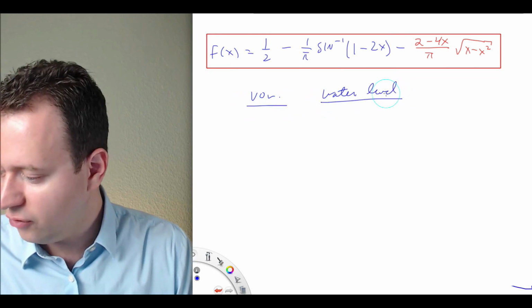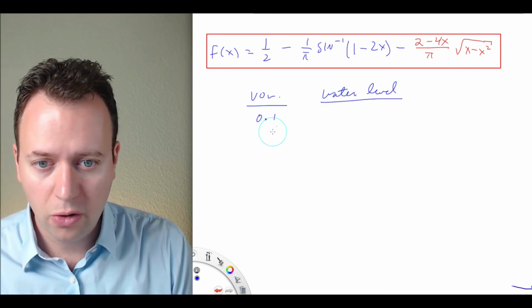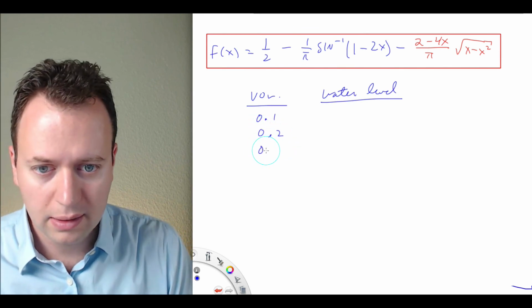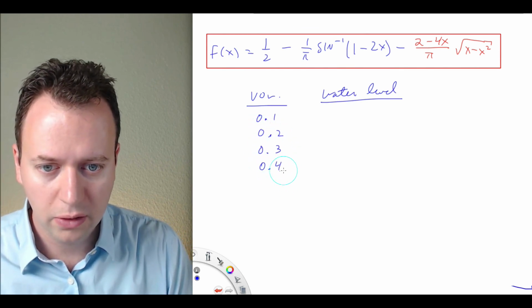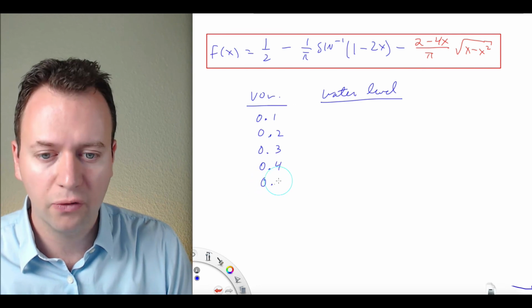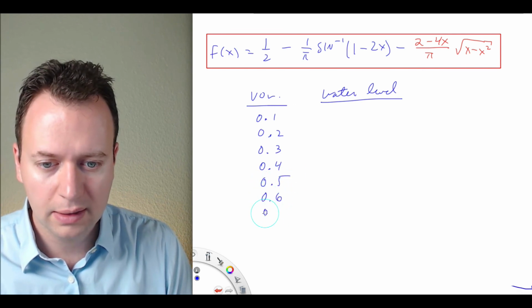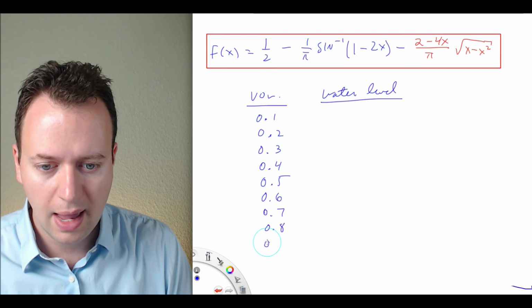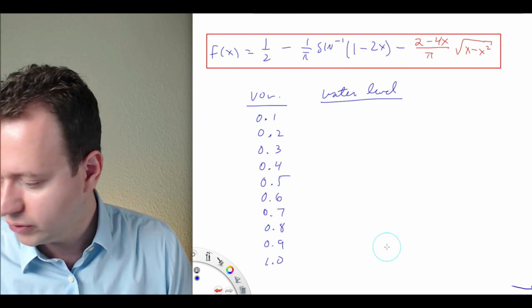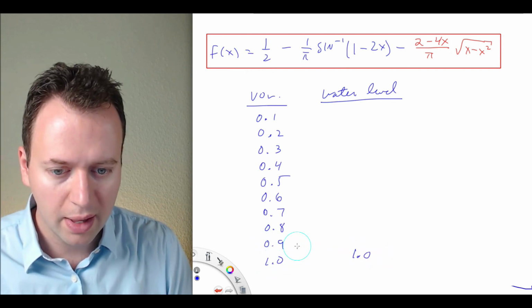In fact, I found where the volume, in percentages, is 10%, 20%, 30%, 40%, 50%, 60, 70, 80, 90, 100. Of course, at 100% the water level is all the way up.